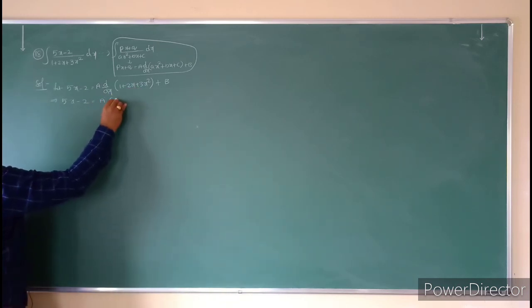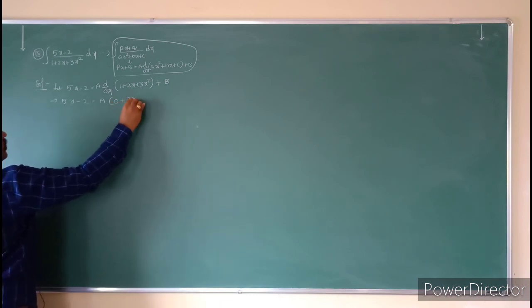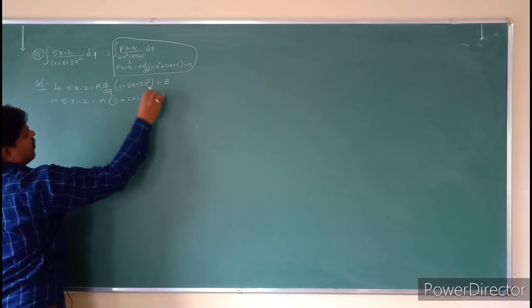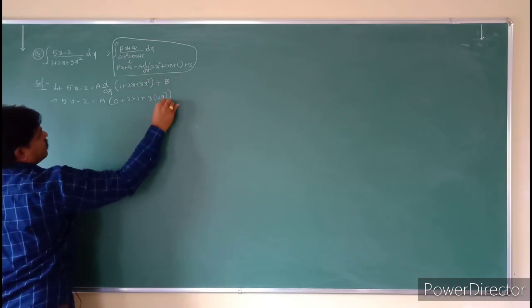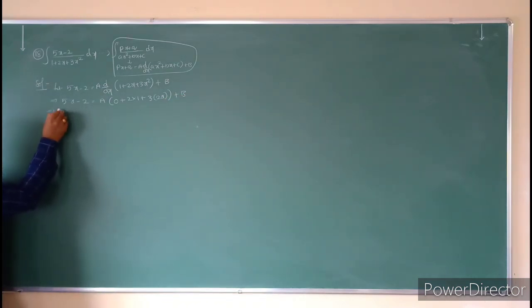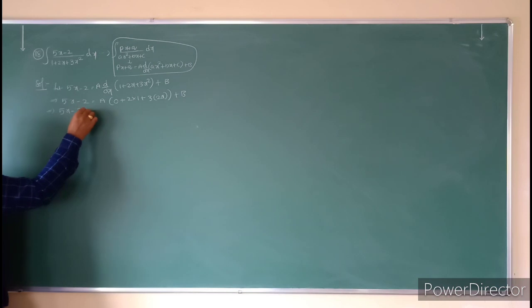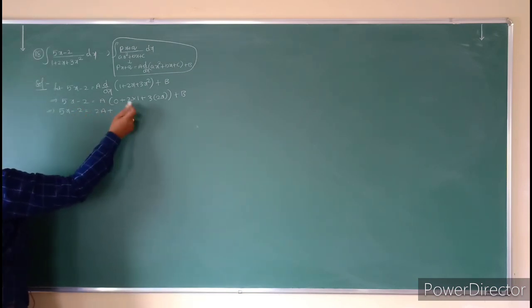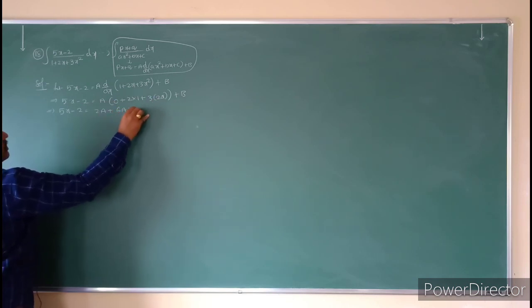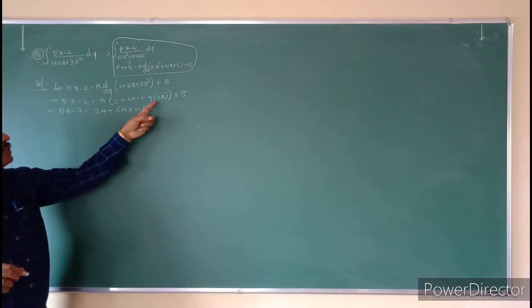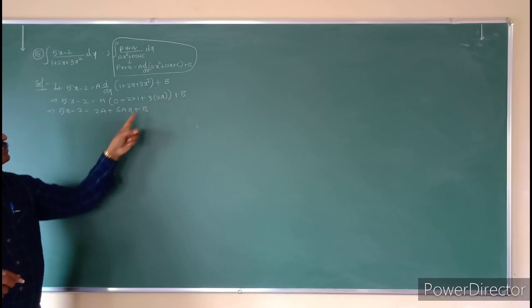This is nothing but 0 plus 2 into 1 plus 3 into the derivative of x square, which is 2x, plus b. So that implies 5x minus 2 is equal to, multiply inside, a into 2 plus 3 into 2, 6ax, plus b.